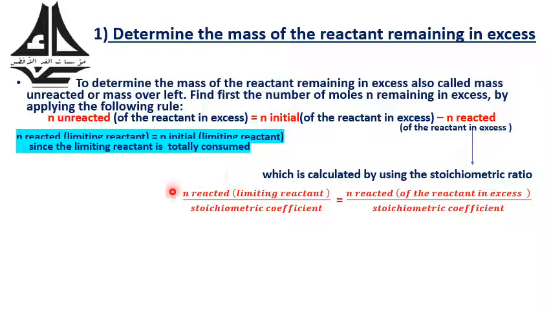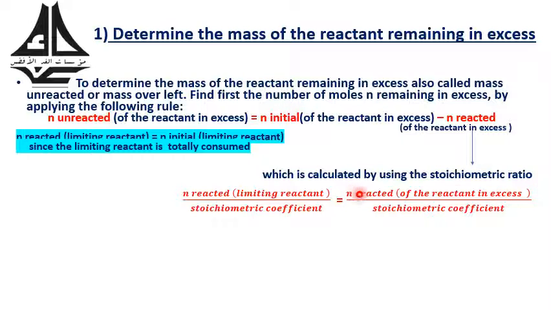When we have this number of mole of the limiting reactant reacted, which is equal to the initial number of mole, it's given. The stoichiometric coefficients are given, so we can easily calculate the number of mole reacted of the reactant in excess by applying just the stoichiometric ratio.